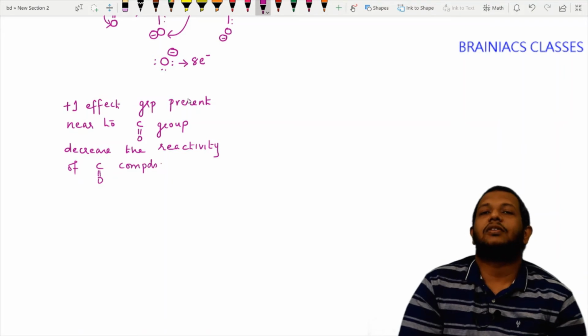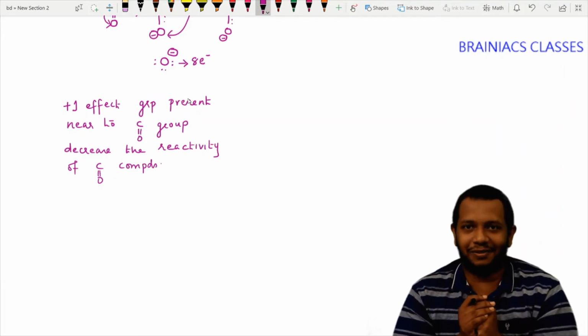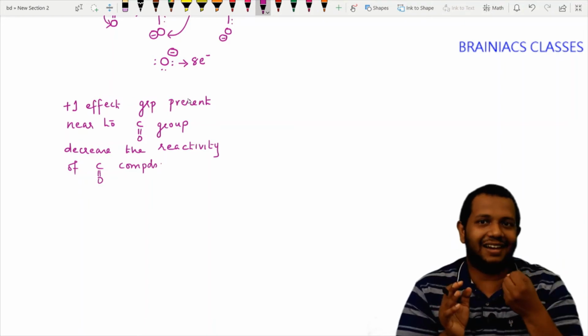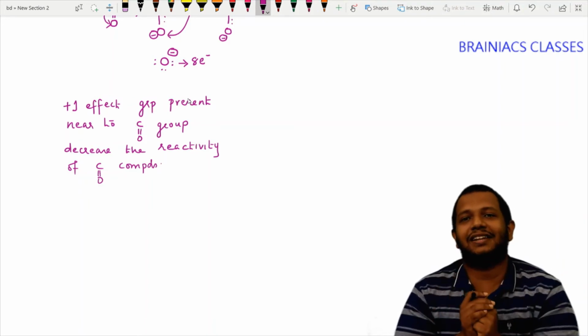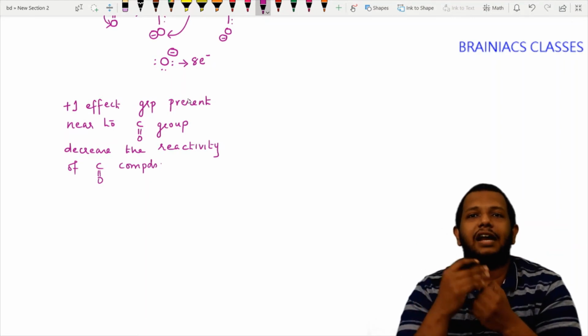Okay, so now what will be the opposite then? Think like you have a minus I effect group connected there. Surely it will attract the electrons and the positive charge on the central carbonyl carbon keeps on increasing. That means it can be easily attacked by the nucleophile.